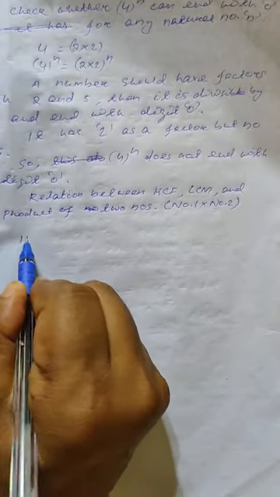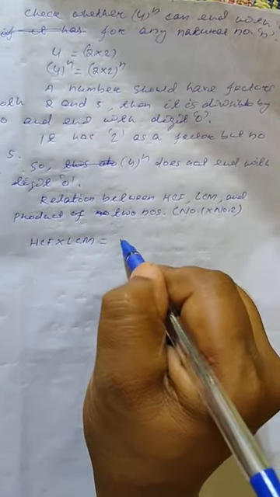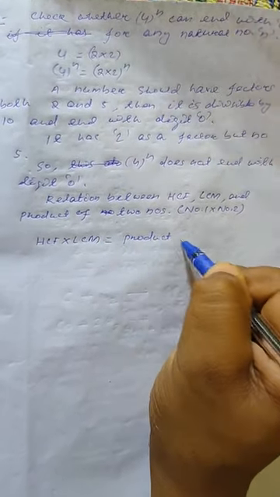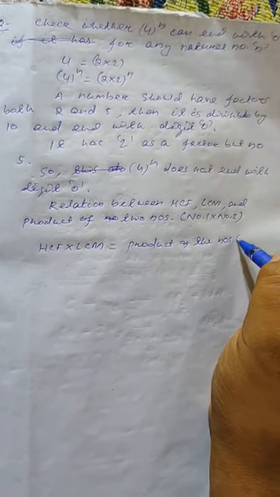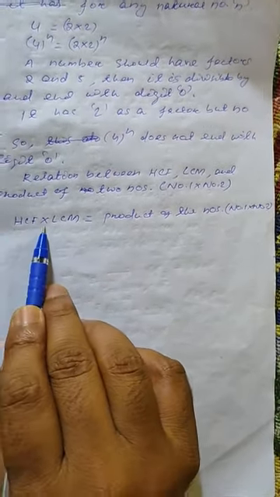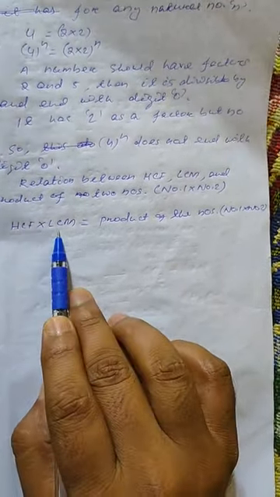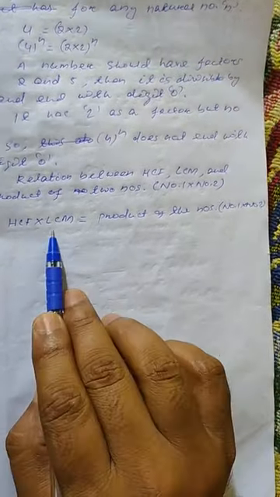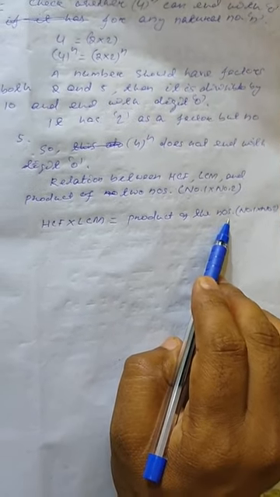So we know that HCF into LCM is equal to the product of the two numbers, that is number 1 into number 2. Okay, from here we can solve, like suppose if the two numbers are given and HCF is given, then LCM is equal to product of the numbers by HCF, and similarly HCF is equal to product of the numbers by LCM. So in this way we can get it.